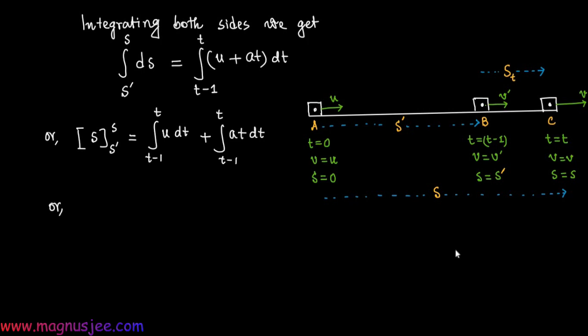Putting the upper and lower limits, we get s minus s prime, bringing u outside, u integration dt from t minus 1 to t, plus bringing the acceleration a outside, a integration t dt from t minus 1 to t. In place of s minus s prime we can write s t, the distance traveled by the body in the tth second.